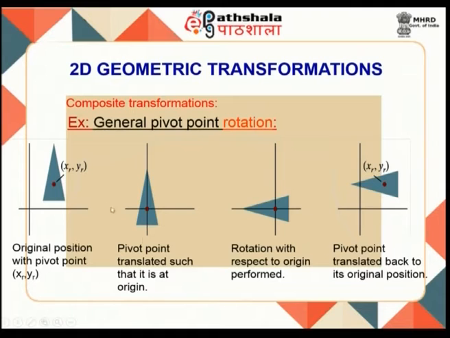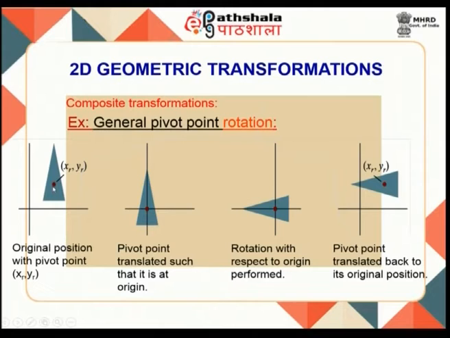Imagine there is an object like a triangle, and a pivot point position other than the origin is chosen for rotation. Let x r comma y r be the pivot point position, which is any position other than the origin. Now, our aim is to rotate the object of interest about this point.